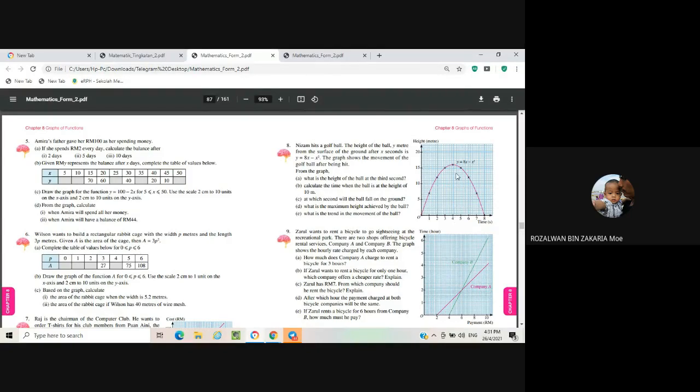Then after 4 seconds until 8 seconds, the height of the ball decreases. You can state it like that.